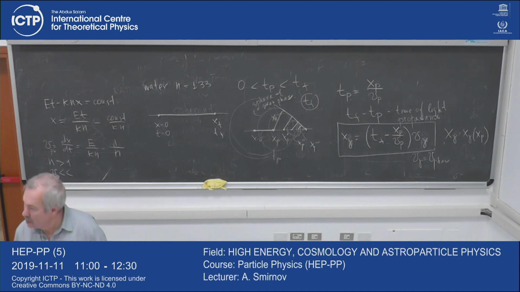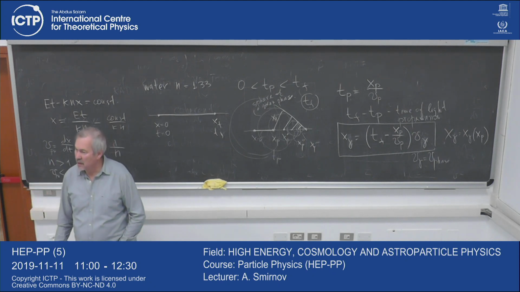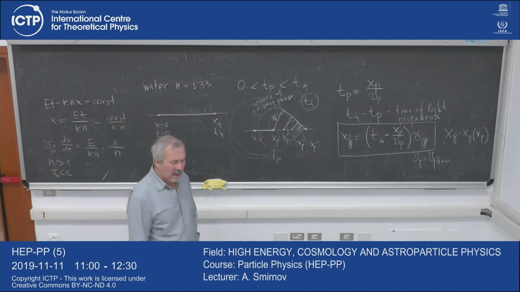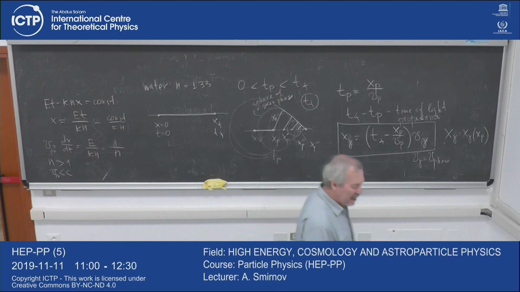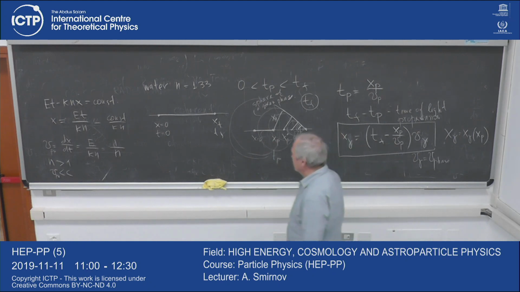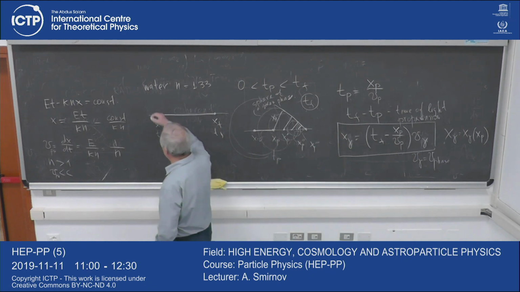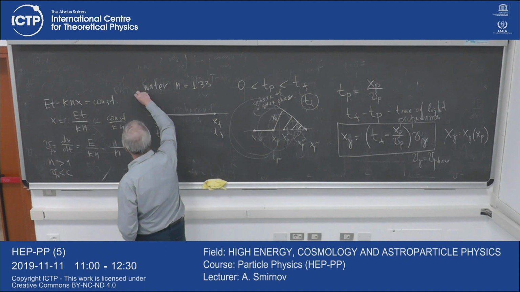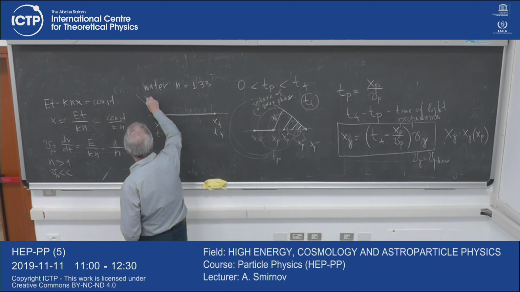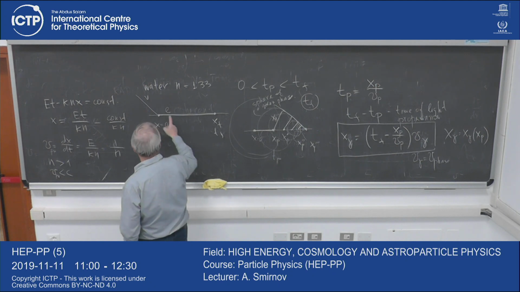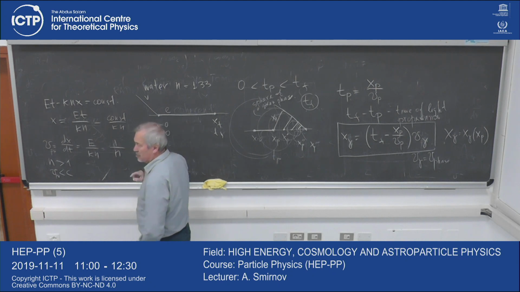And Cherenkov radiation is also used with neutrinos, right? Yes, to detect electrons. Not immediately neutrinos. You have, for instance, neutrinos, which produce secondary electrons. This is what happens in Super-Kamiokande, for instance. Then these electrons produce Cherenkov radiation.